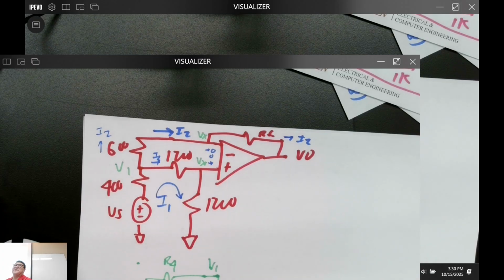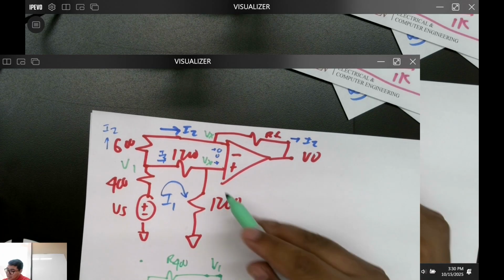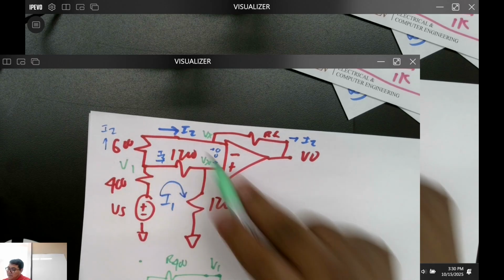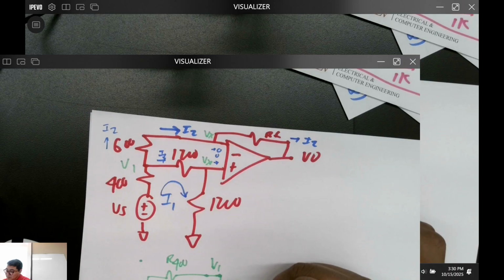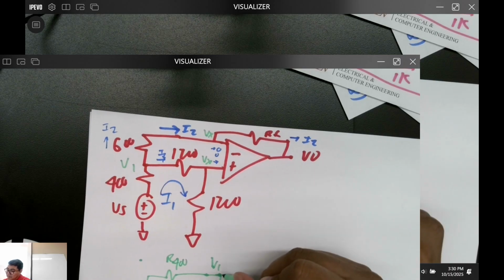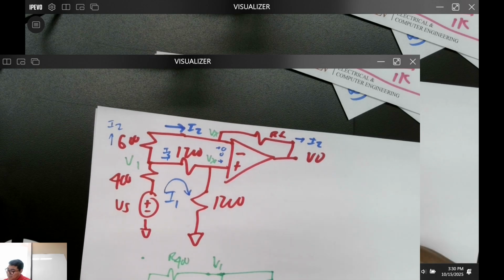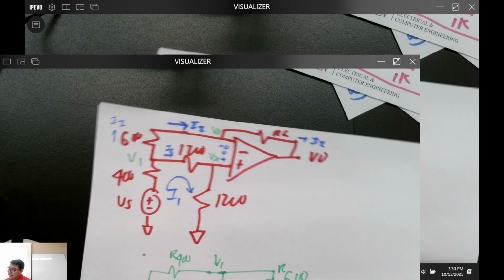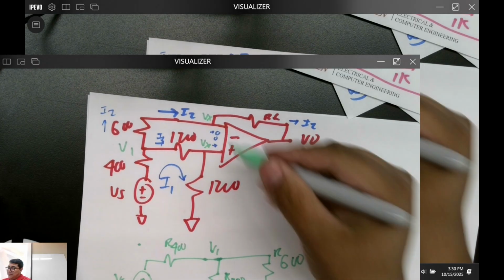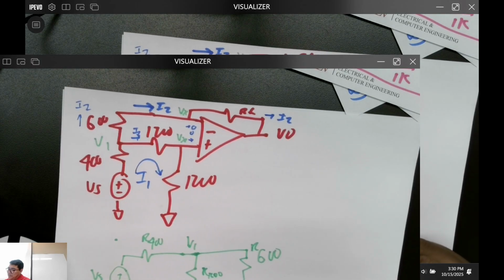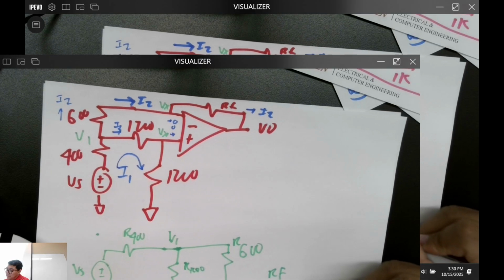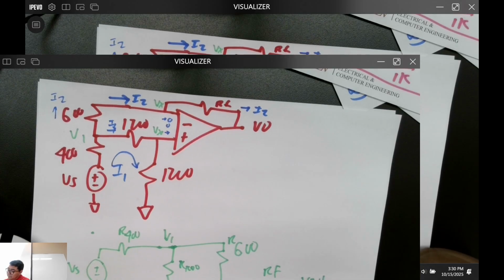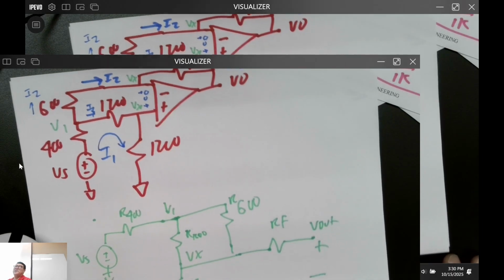I'm using the first two numbers or something like that. 1200, 400 right there. Then we have this node right here, V1 and VX. This is going to sound crazy, but let's see. This is also R1200. I'm trying to use variables as much as I can. Hear me out. This is probably what it's going to look like. Does that look good? And then this VX node goes to RF, right? And then this goes to V out. Is that a good helper?